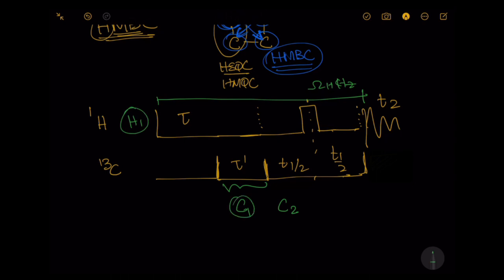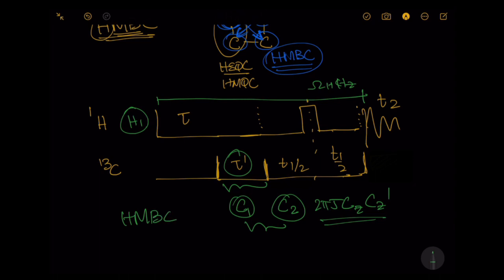H1 couples directly with C1, but you want to transfer from C1 to C2. Therefore, there is also a C_z C'_z scalar coupling that will be present, which evolves during this duration in order to transfer the coherence. So I suggest you look into the density matrix formalism for the HMBC experiment, which can be discussed during our class.